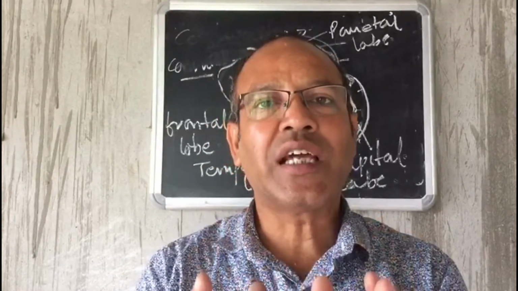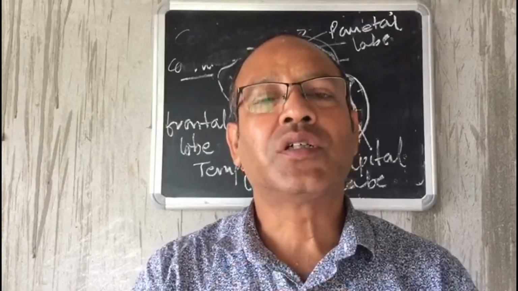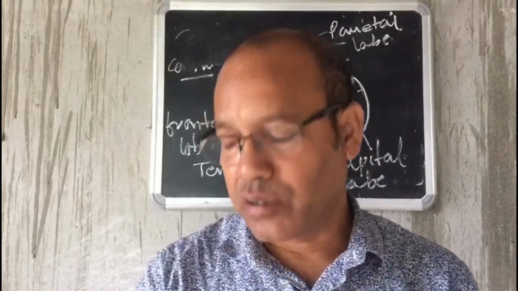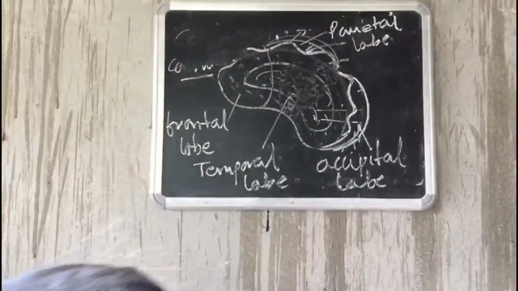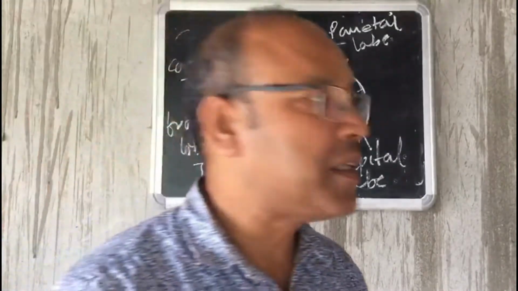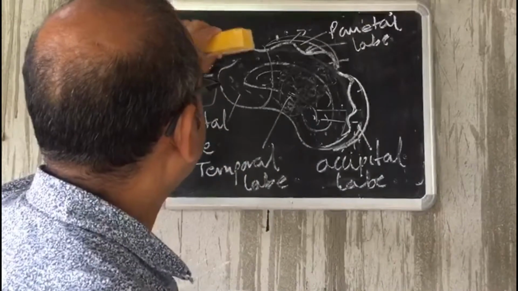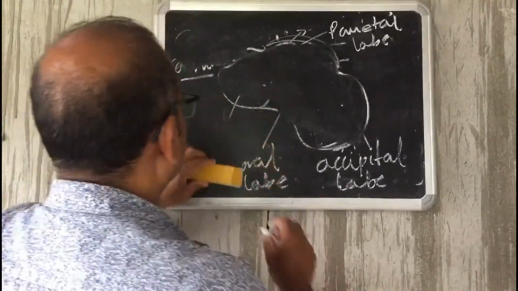This is a specialized region which lies slightly above the third ventricle. Now we need to understand what a ventricle is. Ventricles are fluid-filled spaces inside the brain, filled with cerebrospinal fluid.